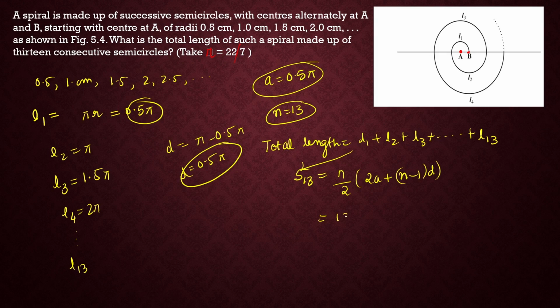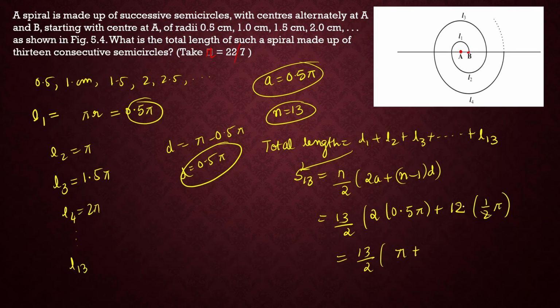So that is equal to 13 by 2 into 2 into 0.5 pi plus 13 minus 1 into d, which is again 0.5 pi. I'm just writing it as half pi. Half pi, 0.5 pi, both mean the same. So that is equal to 13 by 2 into 2 into 0.5 is pi, plus 12 times half pi is 6 pi. So 6 pi plus pi is how much? 7 pi.